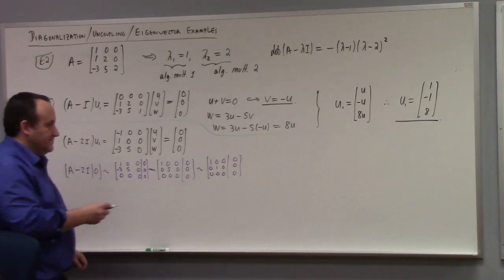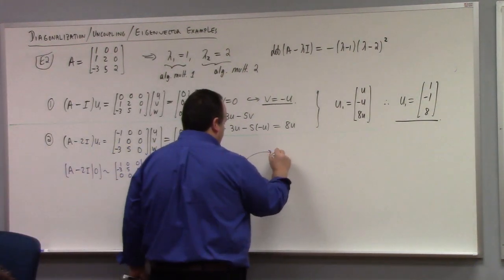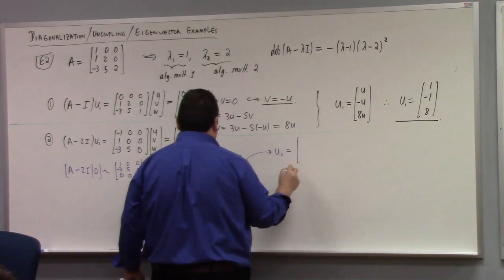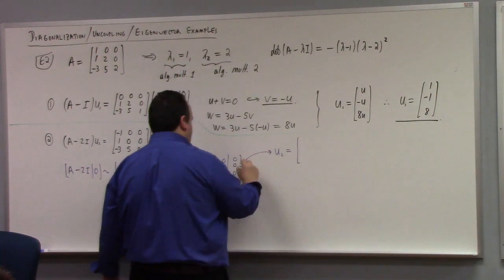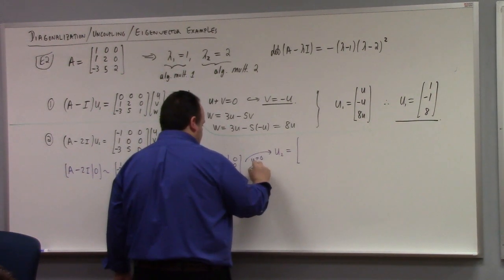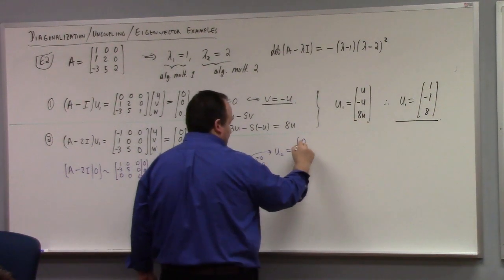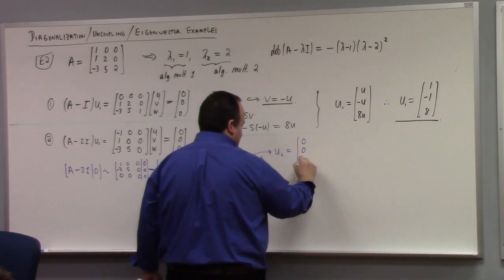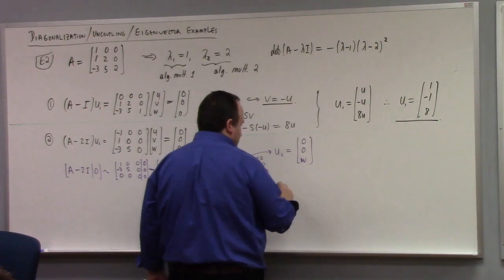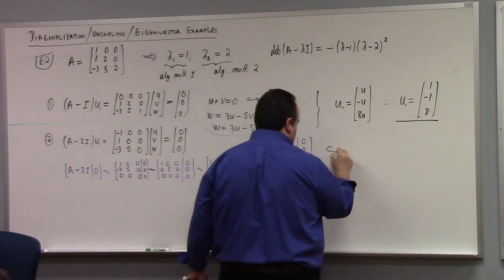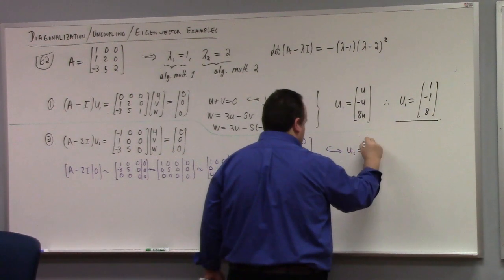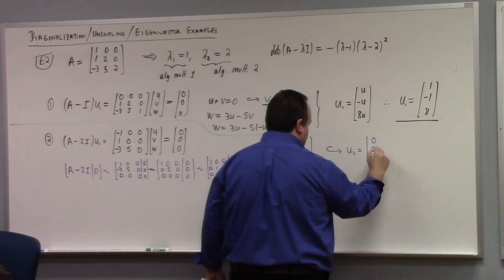So then what's U2 equal to? Well, apparently, you've got U equals 0, V equals 0, and W is free. So you got 0, 0, W. There's only one thing you can't make W equal to, which is 0. And so what we get is U2 is equal to 0, 0, 1.